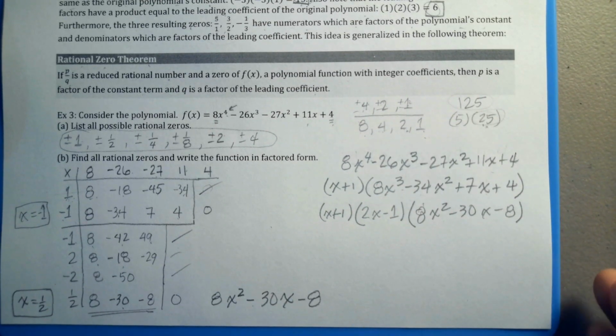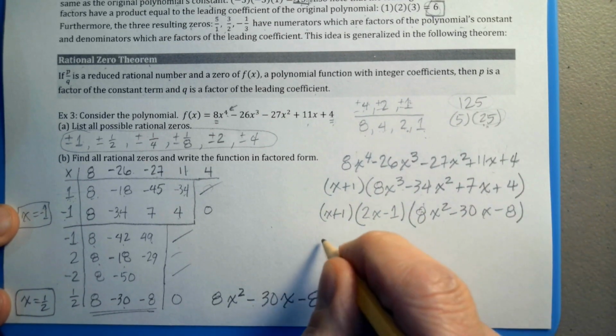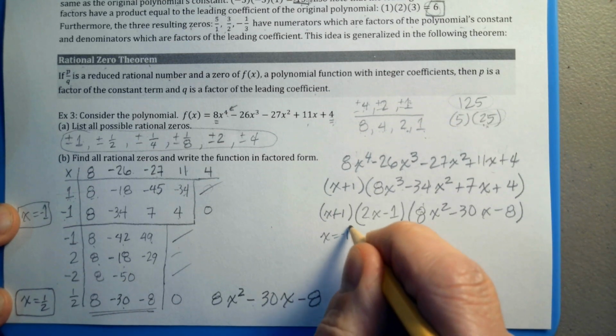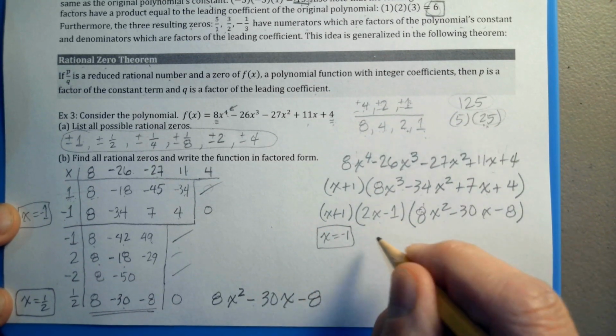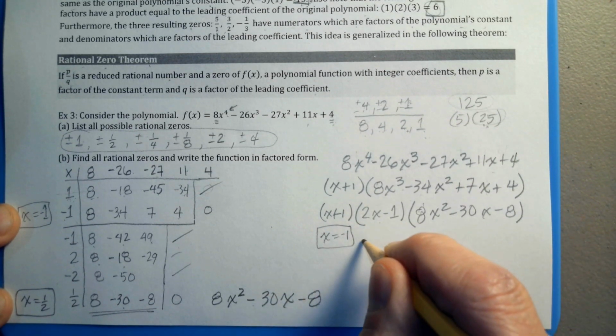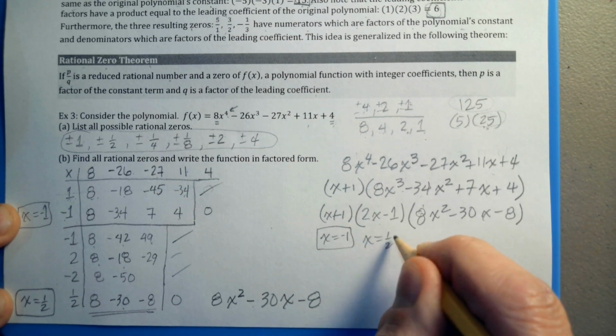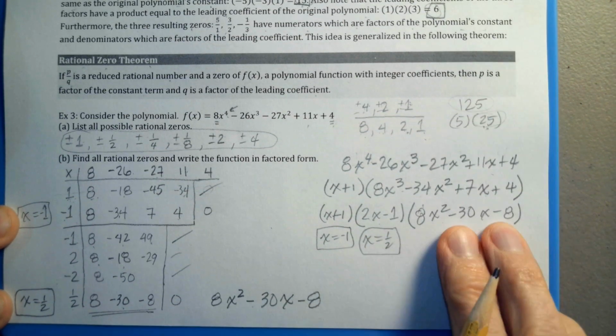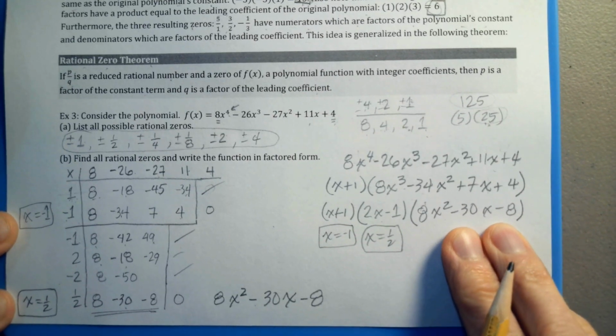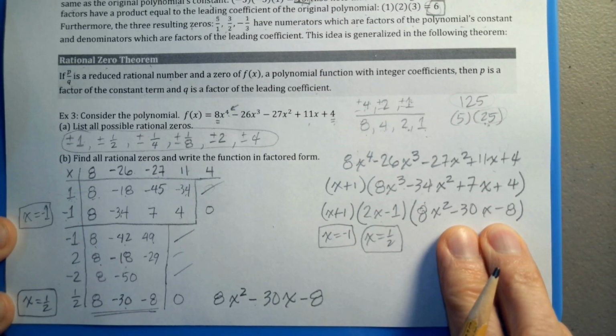Now, we would want to find zeros, though. So we already found these, right? This one's going to be x equals -1. That's 1, 0. This one is going to be x equals 1/2. We already have that. Now, what we want to do is factor this thing, if we can. If not, we'd use the quadratic formula.